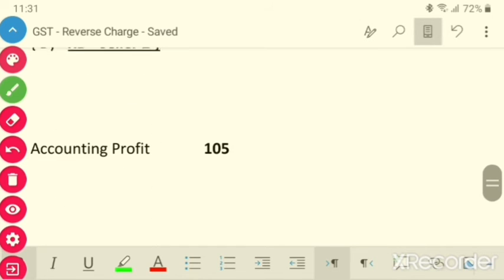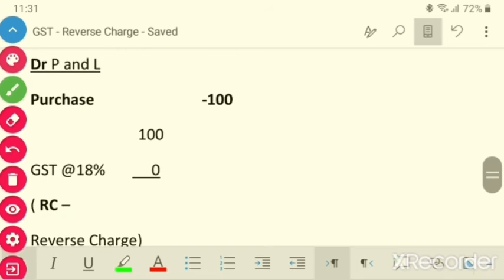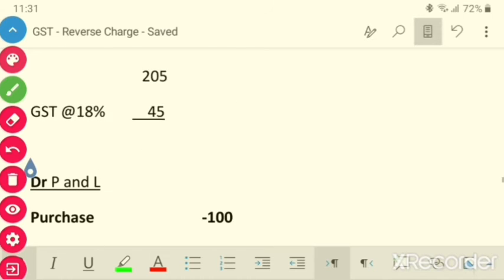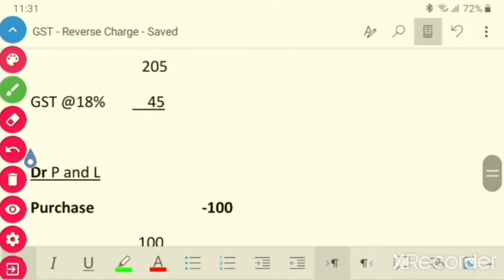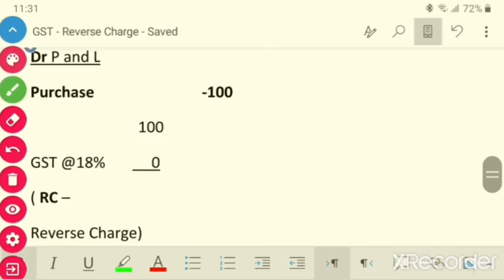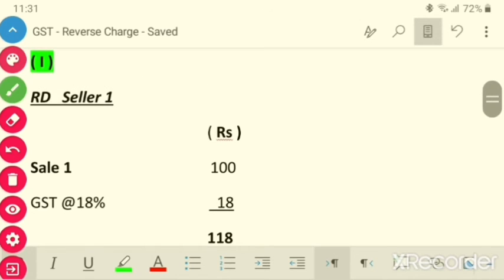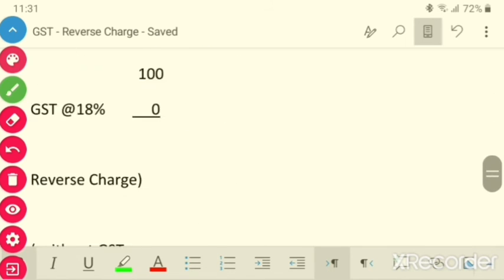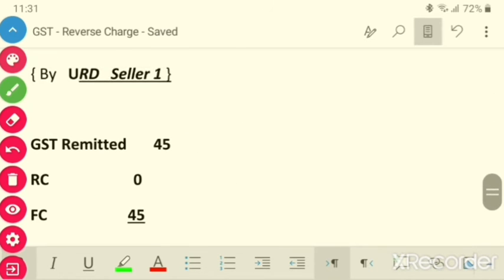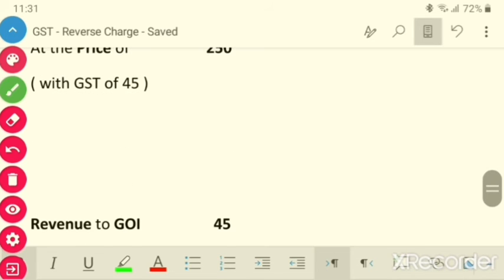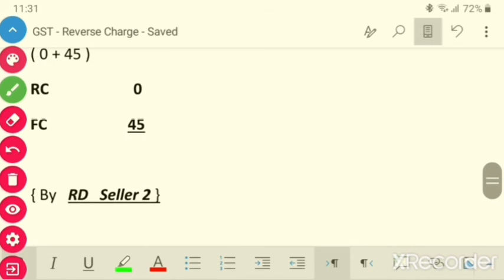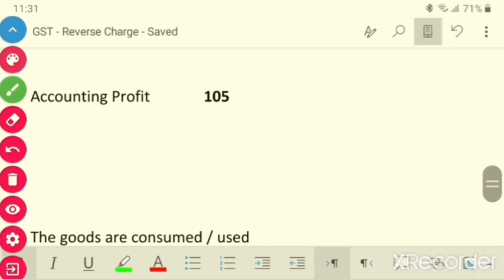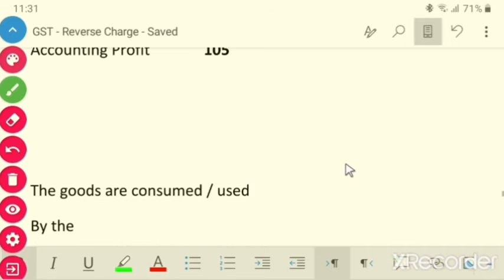Done. Let's have a look into accounting profit. 250 is the sale price with GST. So purchase value is 100. GST remitted is 45. So accounting profit is 105.